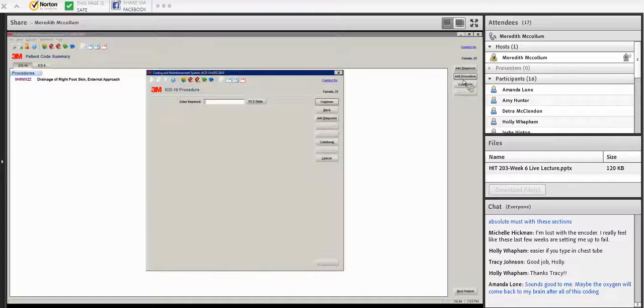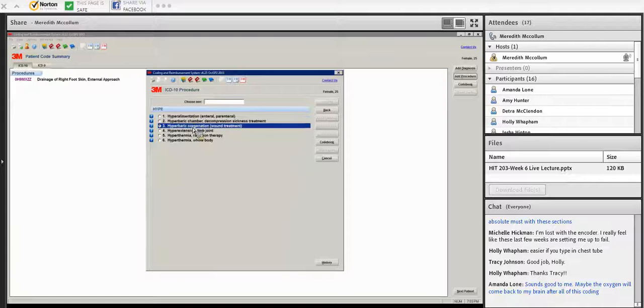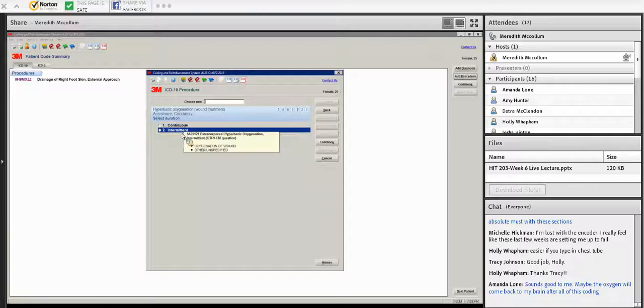Then they did the hyperbaric chamber. Oxygen wound treatment. It was intermittent because continuous means ongoing.